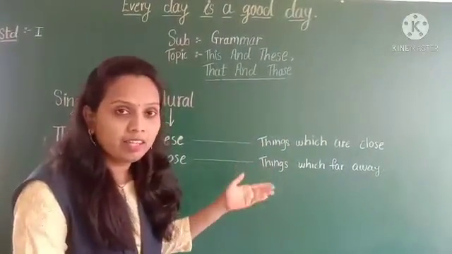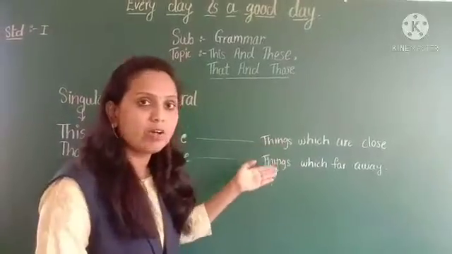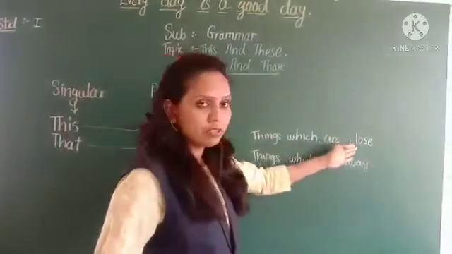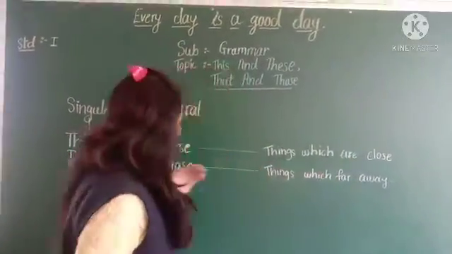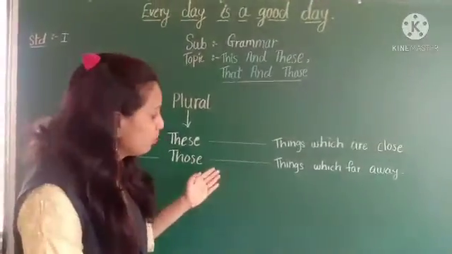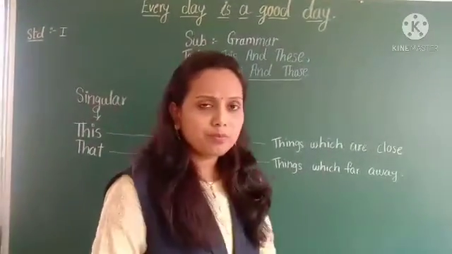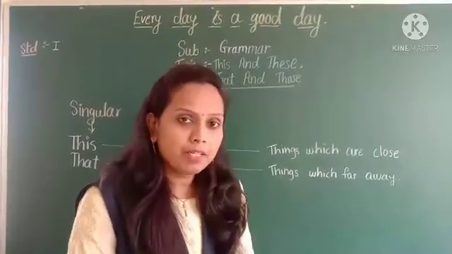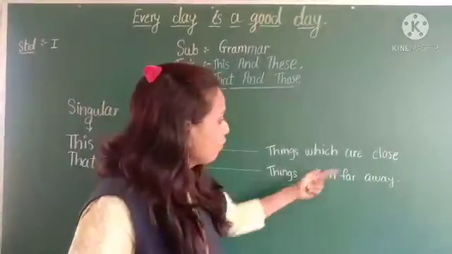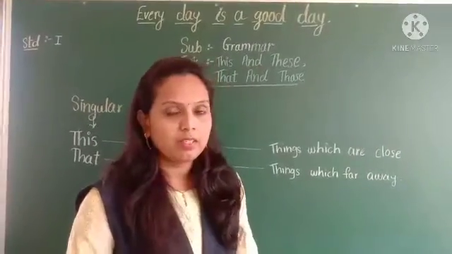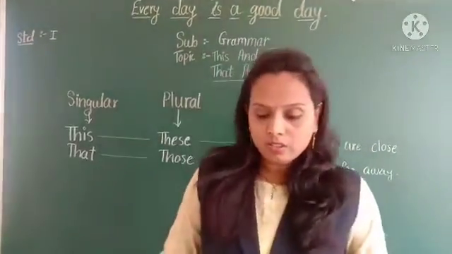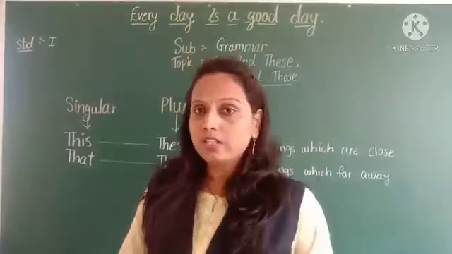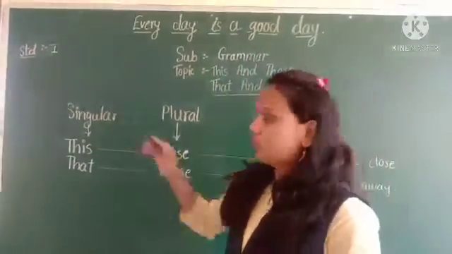Is the thing or place or person close? When it is close, which words can we use? Or is that thing, person, or place far away? Okay. So now see here students, singular.